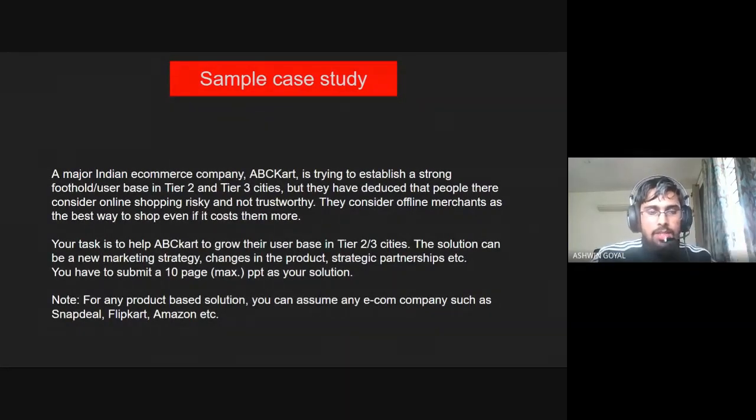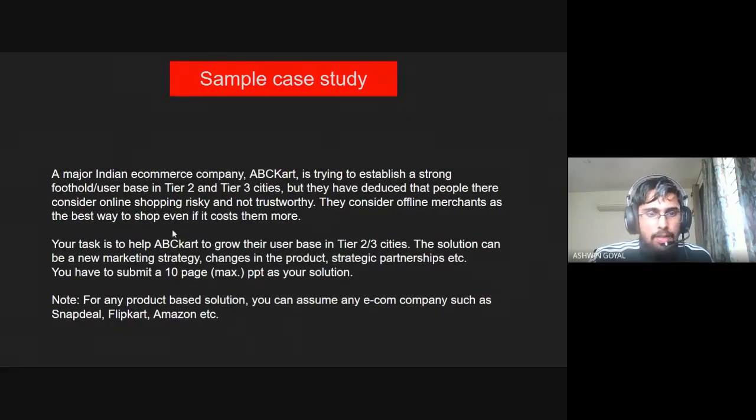So ABCkart is a major e-commerce company, and it's trying to enter the tier 2 and tier 3 cities. It's trying to dominate the tier 2 and tier 3 cities. But they've noticed that within tier 2 and tier 3 cities, these are the non-metropolitan cities like Chandigarh maybe, or tier 3 would include cities like Ropar, etc. So all of these kinds of cities, and they've noticed that people consider online shopping risky in those cities.